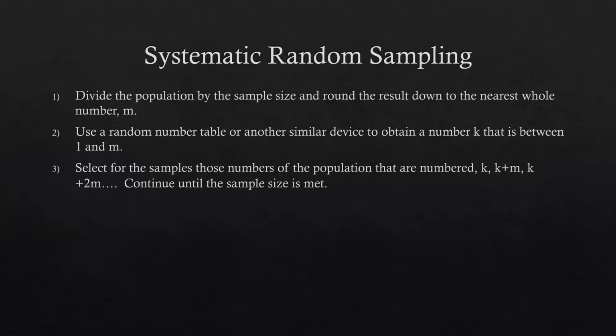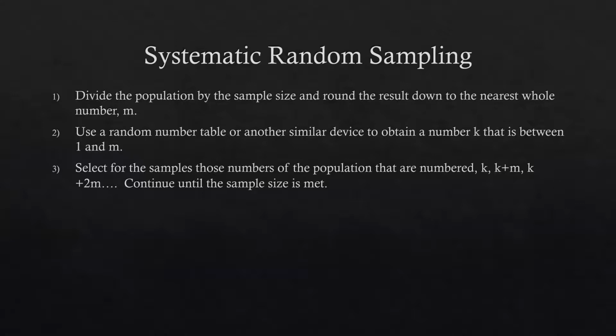Use a random number table or another similar device to obtain a number k that is between 1 and m. Select for the sample those members of the population numbered k, k plus m, k plus 2m. Continue until the sample size is met.